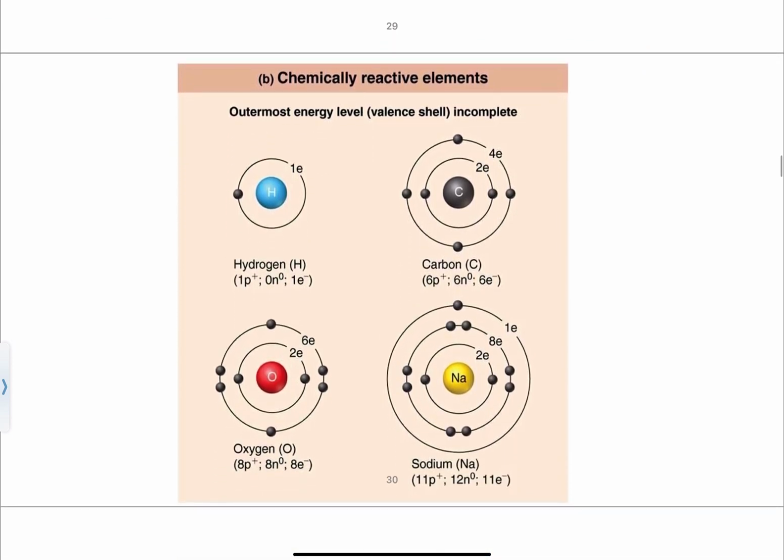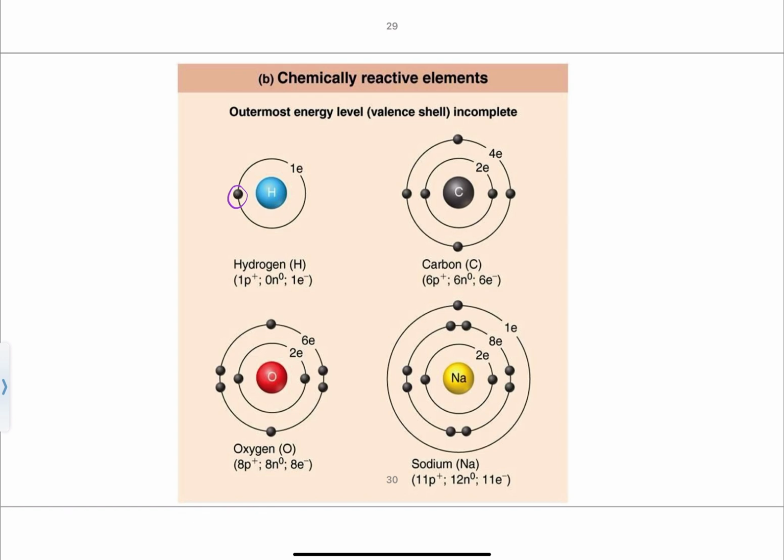So these are some examples of atoms that do not have full valence shells, and because they don't have full valence shells, that means that they are chemically reactive. So for example, hydrogen, its valence shell right here, it only has 1 electron in it. Again, the max that it can hold, in order to be full, would be 2 if we're talking about that first energy level.